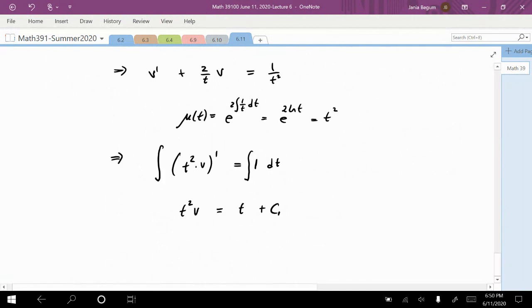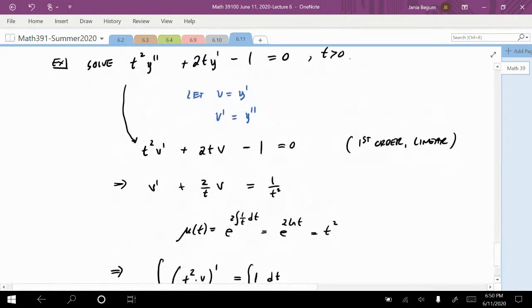The next thing would be to solve for function v, so I divide both sides by t squared, so v is equal to 1 over t plus c1 t to the negative 2. So we were able to successfully solve for v. Well, what is v?